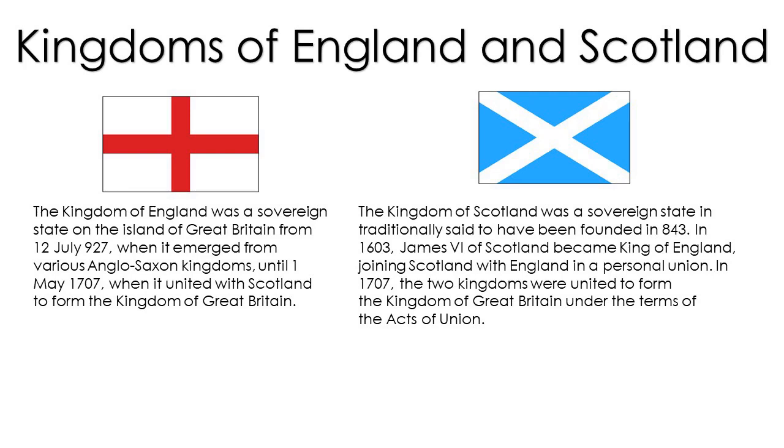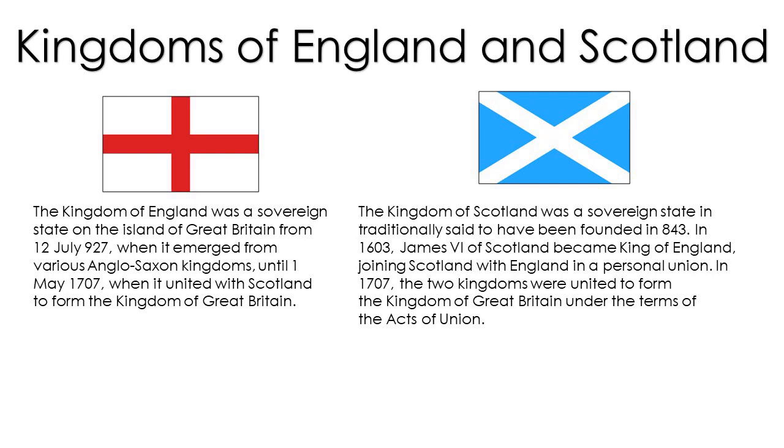So the Kingdom of England was a sovereign state on the British Isles, and it's said to have existed from the 12th of July 927, when it emerged from the Anglo-Saxon kingdoms like Mercia and Northumberland and Wessex and other kingdoms like that. I can't remember all of them, but those are some.